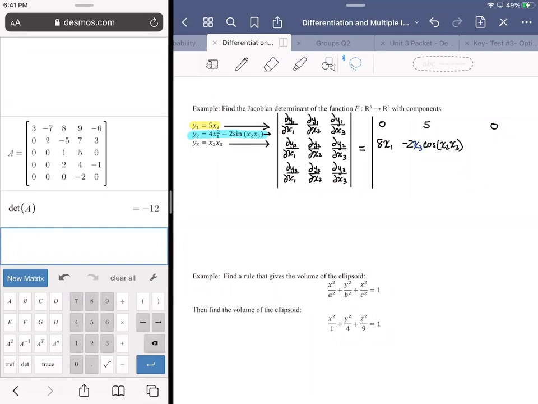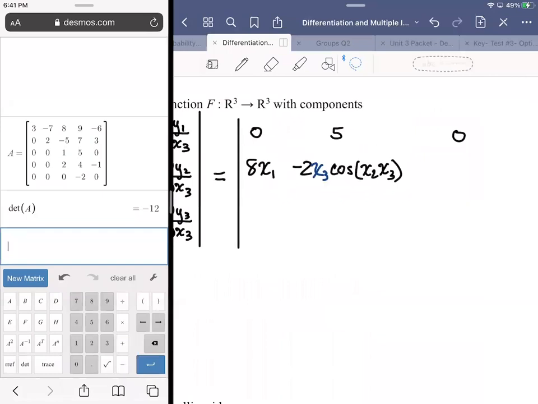So this is going to be the same thing, just multiplied by the derivative of x sub 2, x sub 3 with respect to x sub 3, which means that it's going to be negative 2 x sub 2, and then everything else is the same.